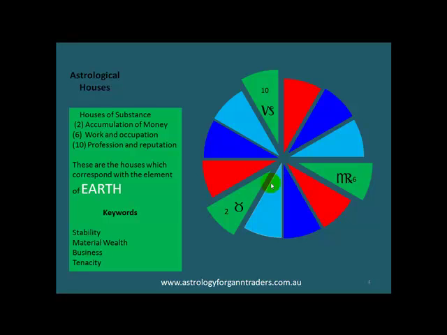The 2nd house is the Taurus house, to do with the accumulation of money, the 6th house is Virgo, to do with work and occupation, and the 10th house is the Capricorn house, which is profession and reputation. These 3 signs are the element of earth, so it's very practical. The key words are stability, material wealth, business and tenacity.